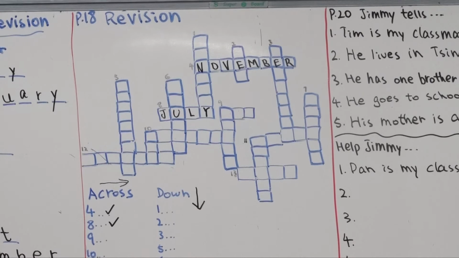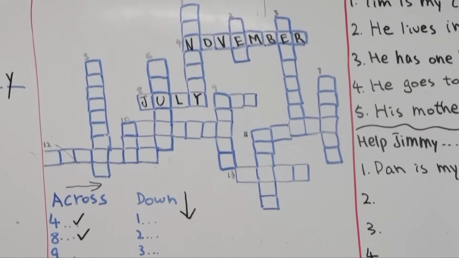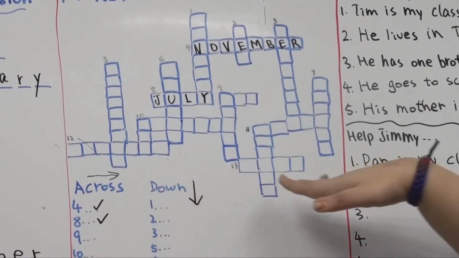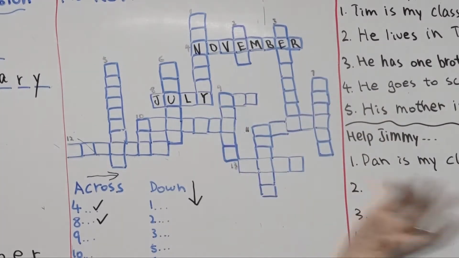And then across number 9. So which is across number 9? That goes like this, and that is number 9. It's here. Good. Let's read across number 9. The month before June is... So June, as you know, is the 6th month of the year, right?